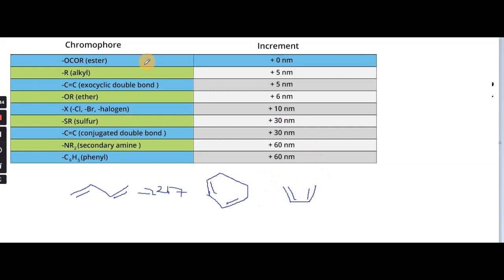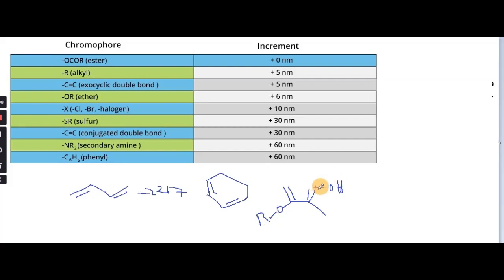So when we add any of these substituents to such a system, like an alkyl group here, I expect a change in the wavelength of absorption. If I add OH here, or an alkoxy group here, I expect a change in the base value of absorption.